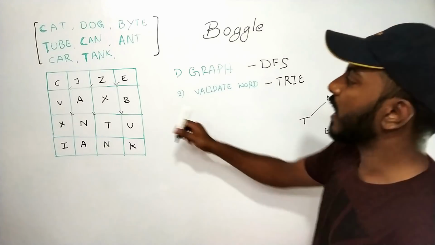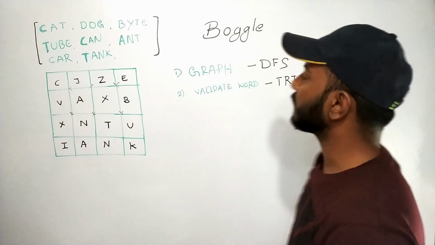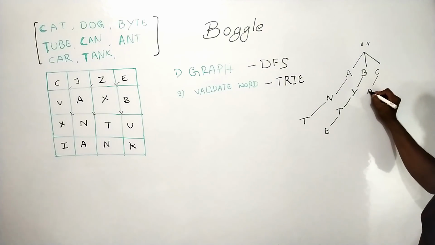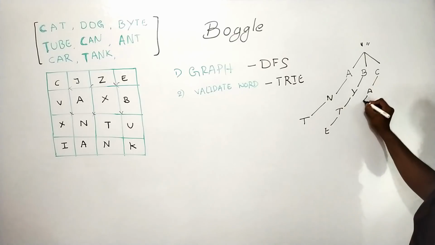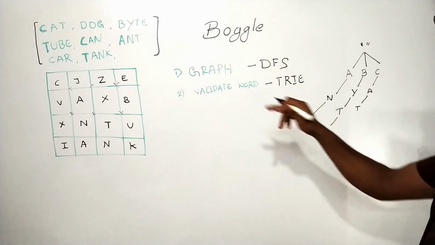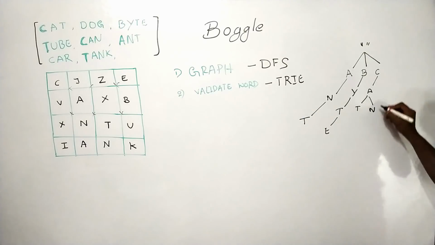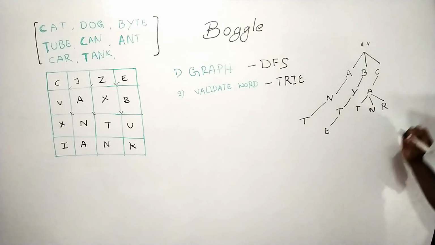We have three words starting with C, that is C, A, then T, and we have can, and we have car.